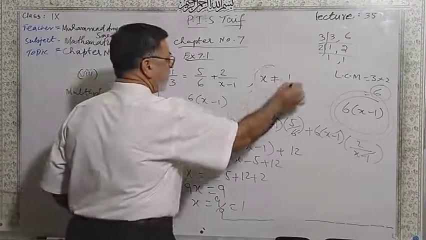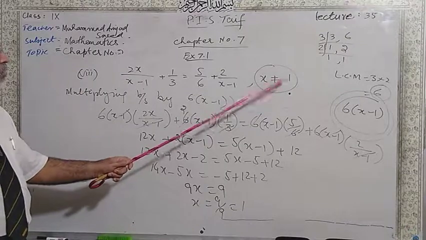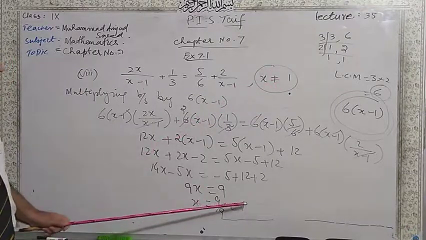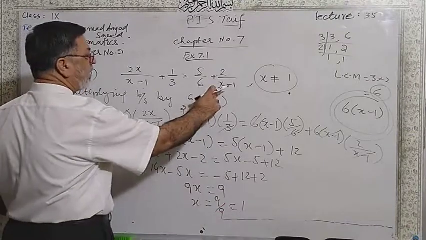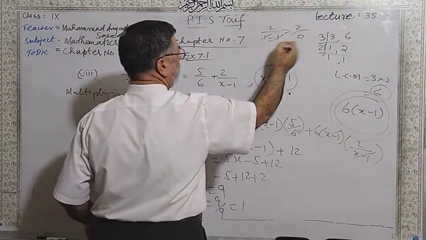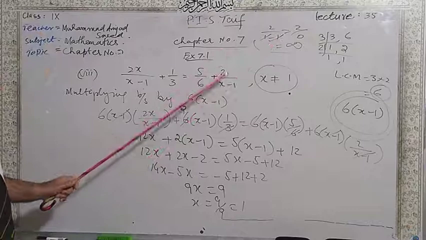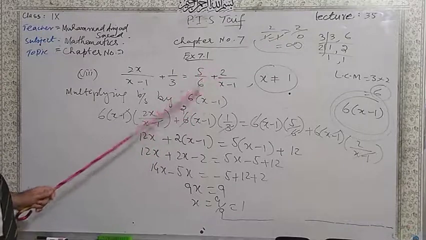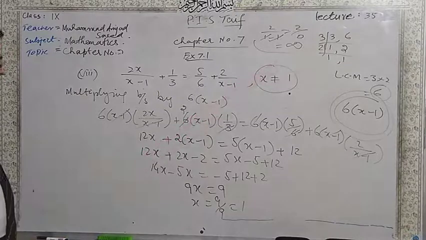What was written? I told you x must not be equal to 1. Here you got 1. If you put x is equal to 1 here, it will be 2 over 0. That will be undefined. So this is the reason why we must not get this x equal 1.